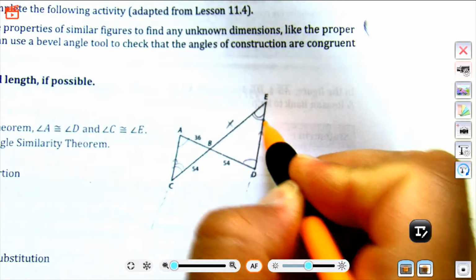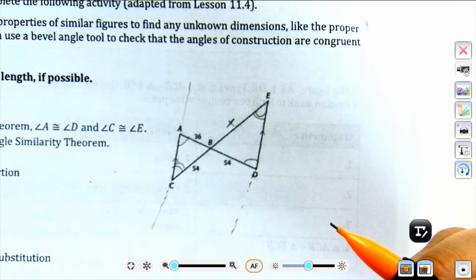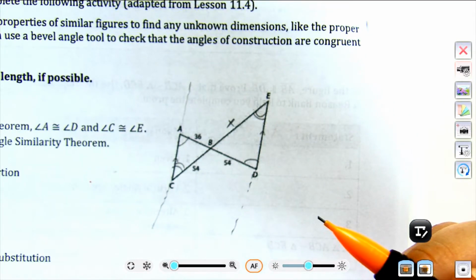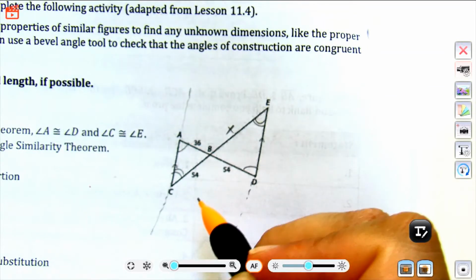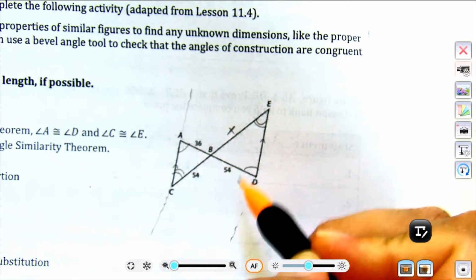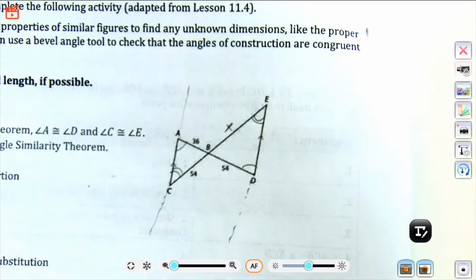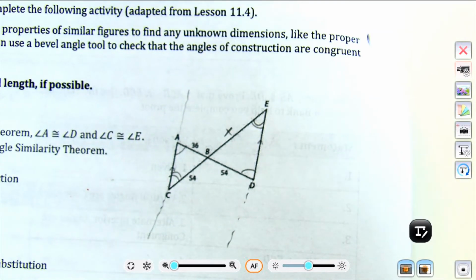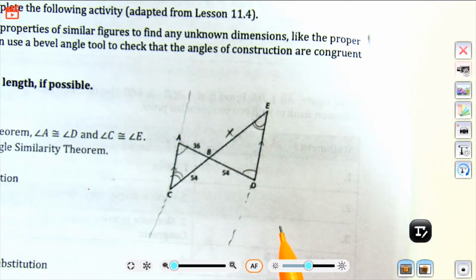Now, alternate interior angles are congruent to each other. So just by knowing that these two lines are parallel, we have two angles equal to each other in both triangles, and we could use the angle-angle triangle similarity to prove that these two are similar.